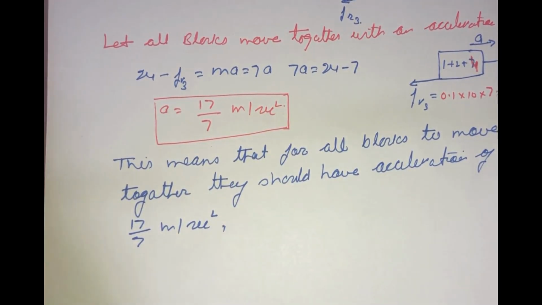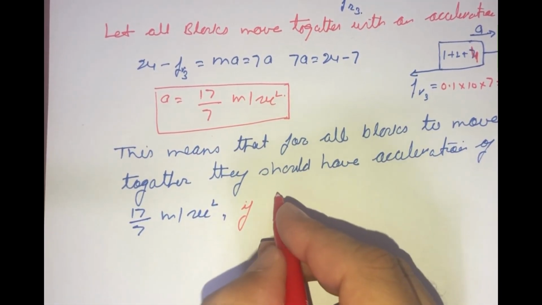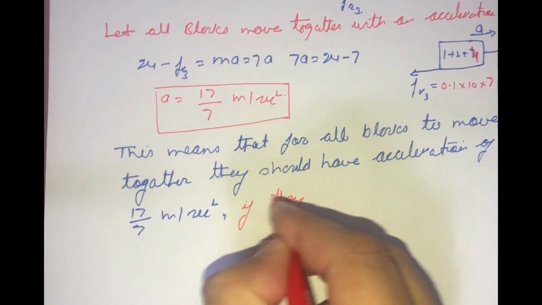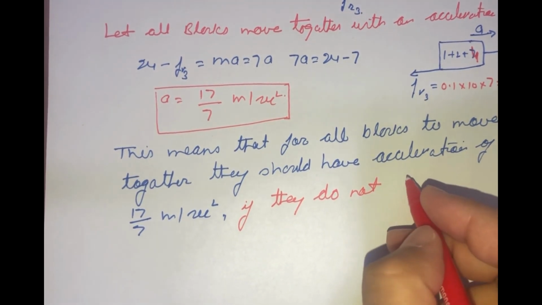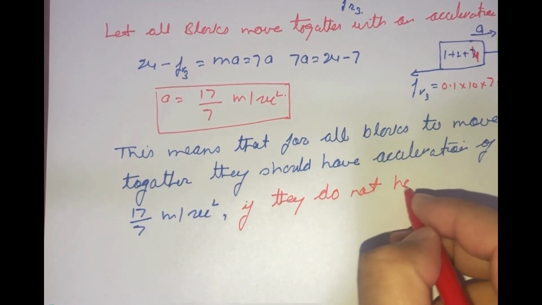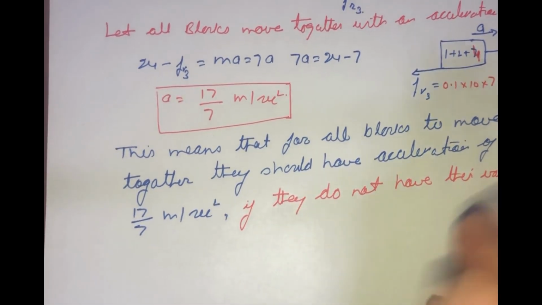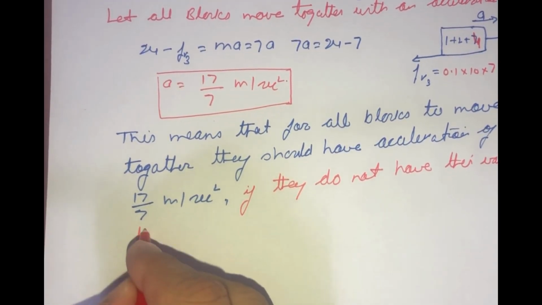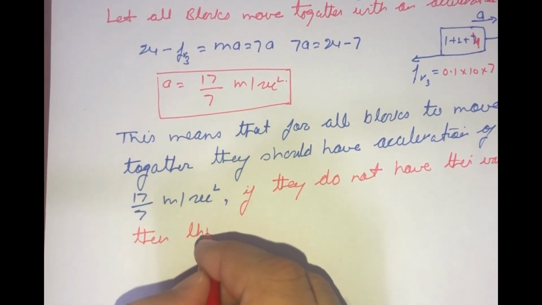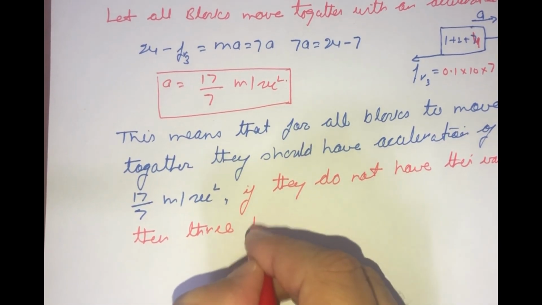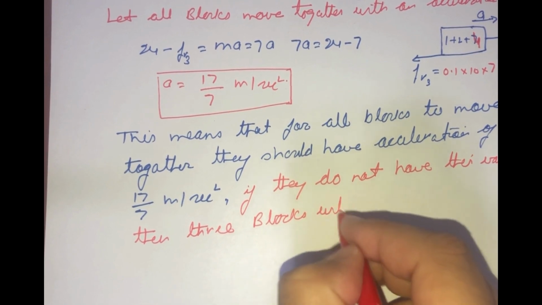And if they do not have this value, then three blocks will not move together.